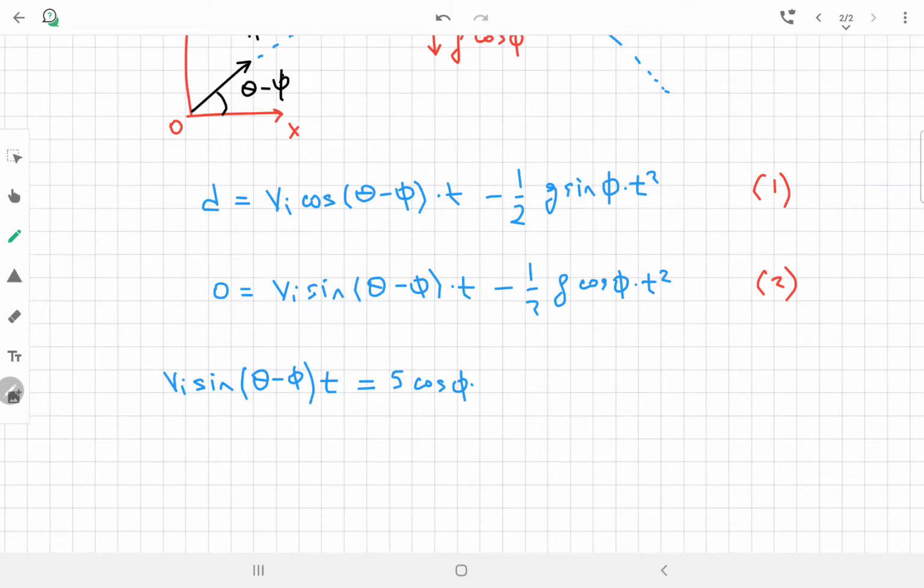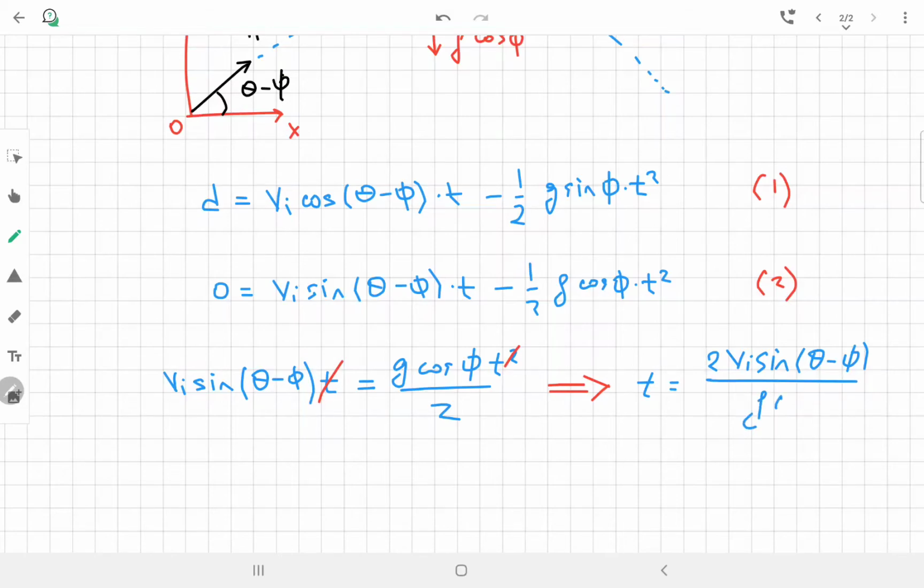Let's leave it as g because the answer is in terms of gravity g. So g over g cosine phi times t squared over 2. We can cancel both sides by time. So from here, time is equal to v initial sine theta minus phi divided by gravity times cosine phi.